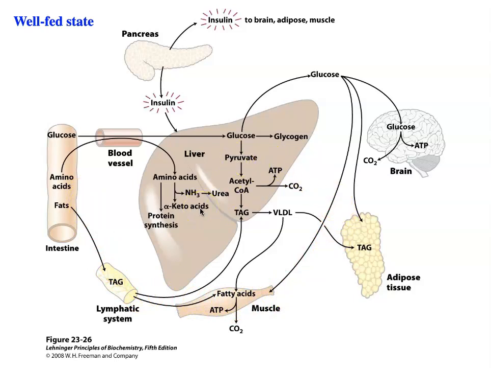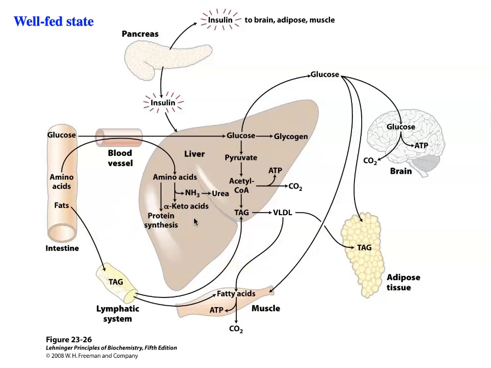Do they go to other tissues? Of course, they can go to other tissues. They can go straight to the muscle, and they can go to the other extrahepatic tissues. It's not that they don't, but I would say 90 to 95% of all nutrients that get absorbed from the intestines go into the liver.